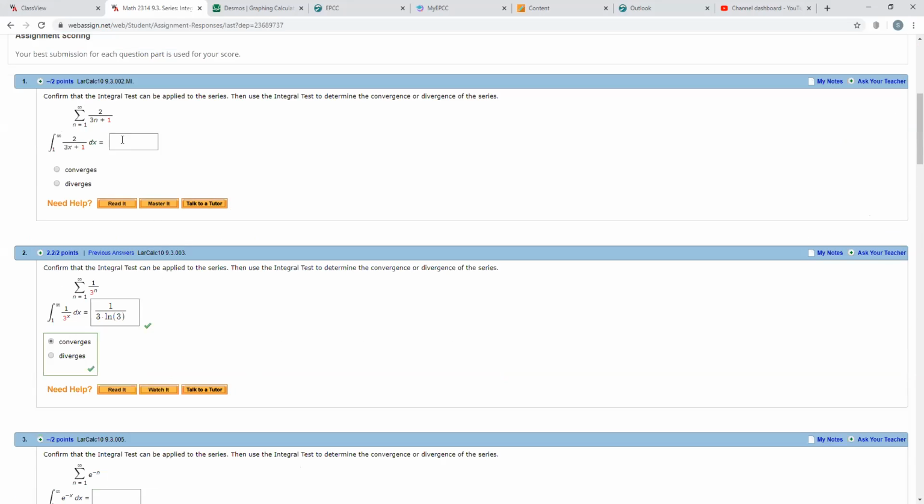I saw your picture and you emailed me, and I sent back a response, and I wrote that as the terms go out, the 2 stays the same in the numerator, and the denominator keeps getting bigger every term by 3 more. So it's like 2 over 4, and then 2 over 7, and 2 over 10, like that.